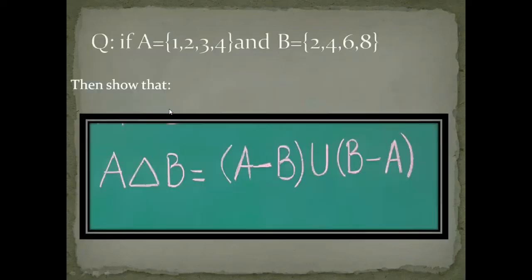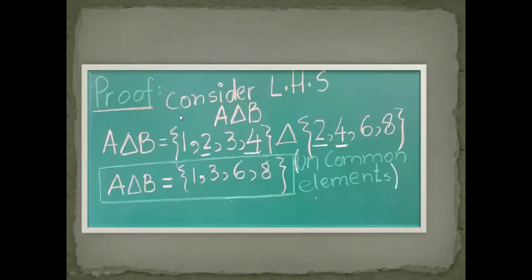Now start the solution by taking its left hand side, and as you can see, the left hand side contains A symmetric difference B. First we write the elements of set A, then we use the symbol of symmetric difference, or we call it delta, and then the elements of set B, that is 2, 4, 6, 8.